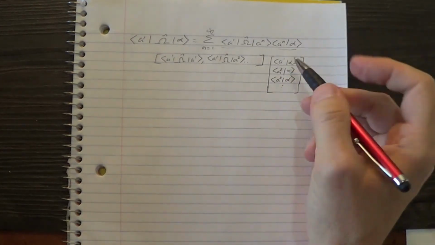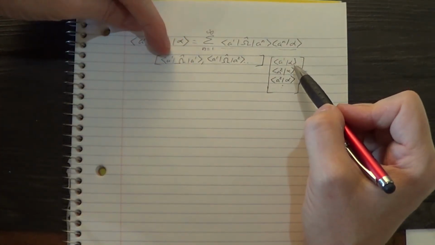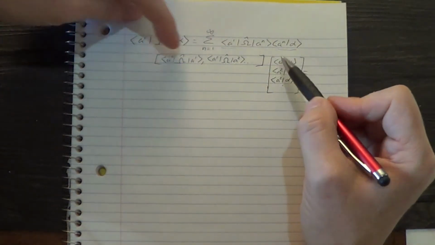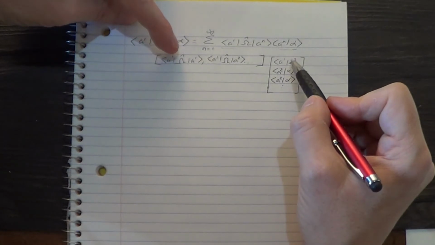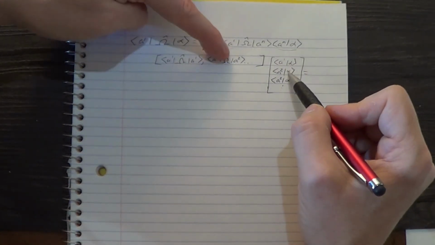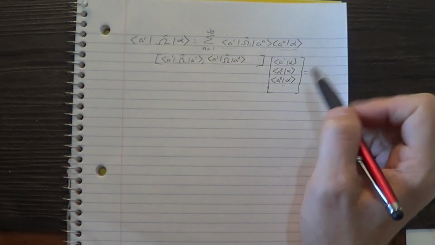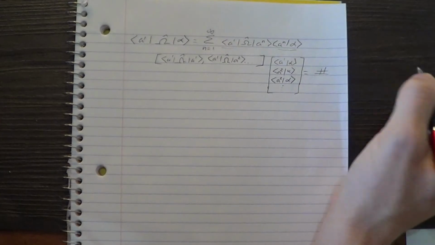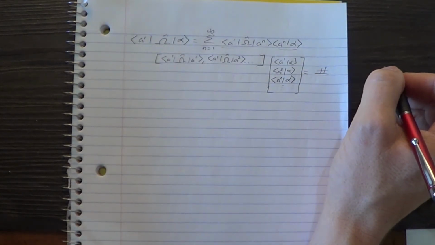All right, now notice that when you've got, I hope you remember your matrices, the result of a row and column matrix is this times this plus this times this, plus this times this, on and on and on. And the result is a number. So you end up with a number. Maybe it's complex, but whatnot.